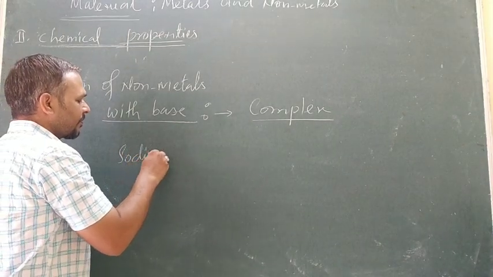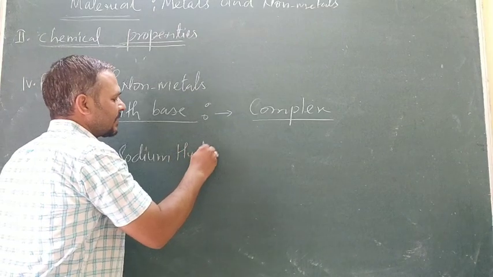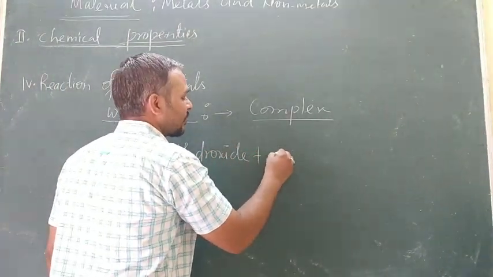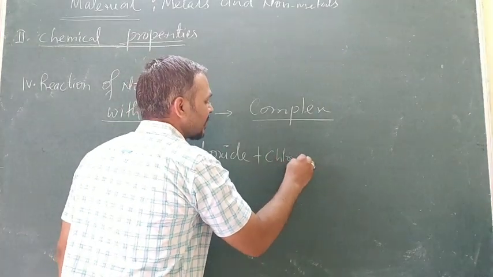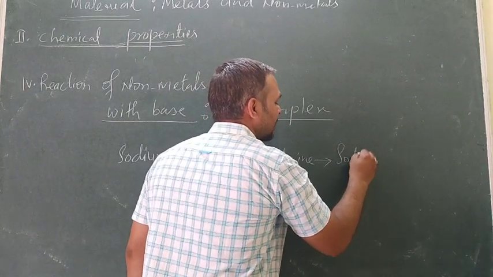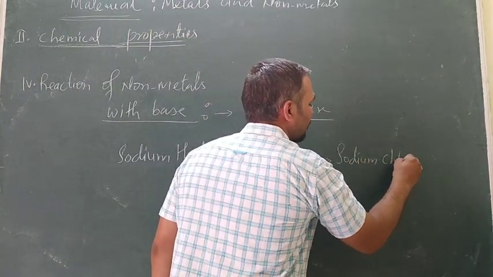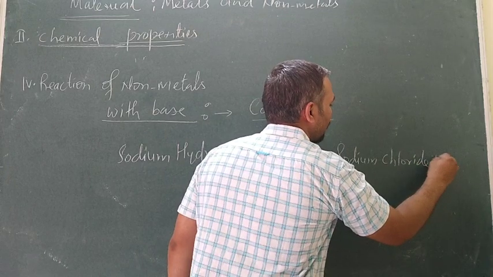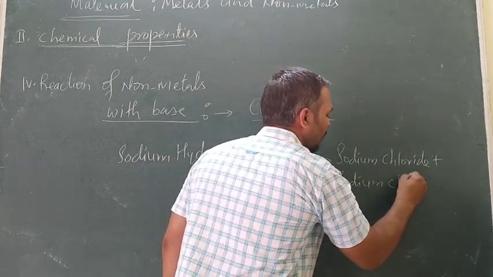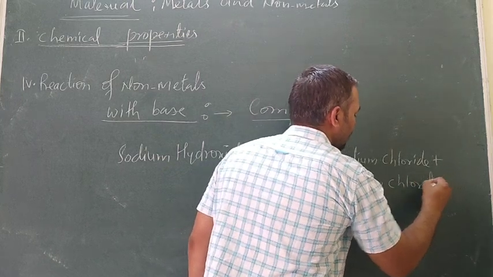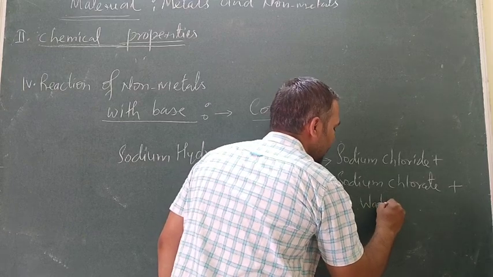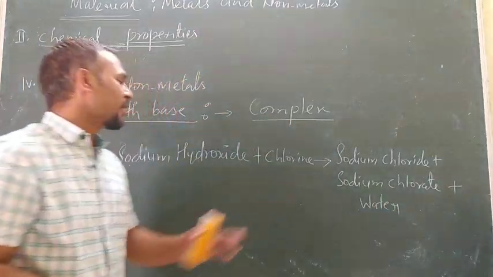Sodium hydroxide when reacting with chlorine gas produces sodium chloride plus sodium chlorate plus water. These three things have been formed. This is a complex type of reaction.